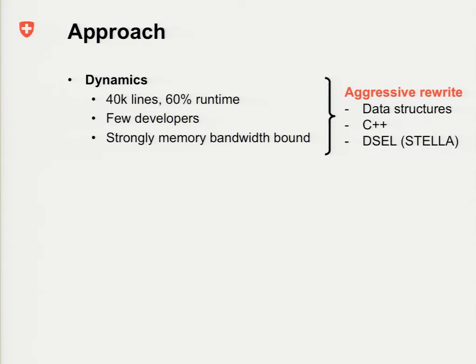We wanted to change the data structures, and the approach we used a domain-specific library, which is called STELLA. Now, I don't think in this talk I want to focus much more on this STELLA library.